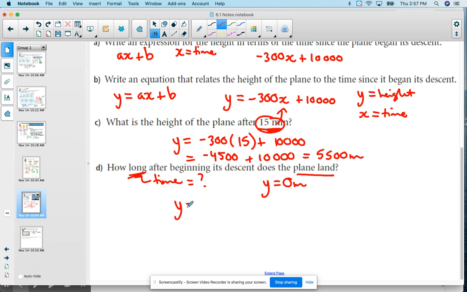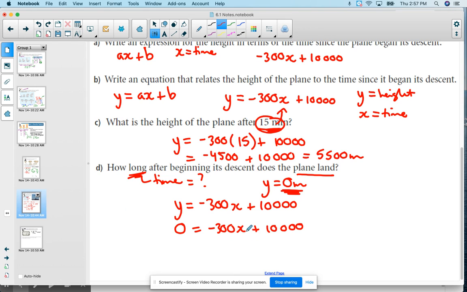So look at my equation. Now it's not x that I'm given, it's x that I'm looking for in this one, but I'm given y. So when y is equal to 0, we're looking for x.